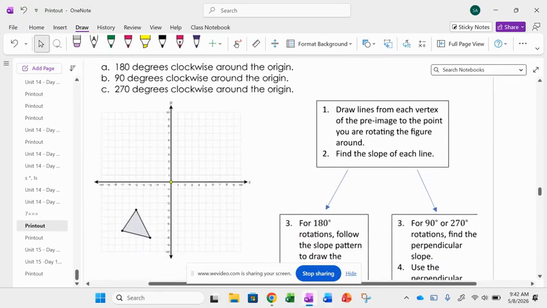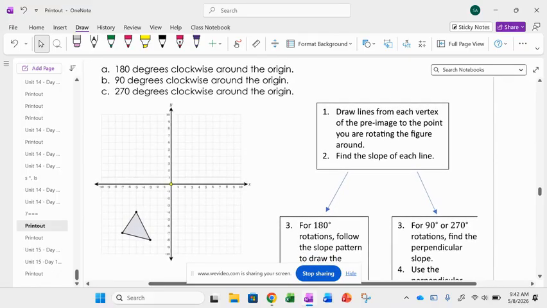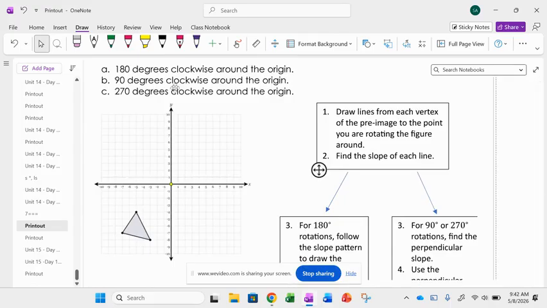Okay, so now we are going to perform our own rotations. We are actually going to rotate a bunch. We're going to rotate 180, 90, and 270, and I specified clockwise in each of these.